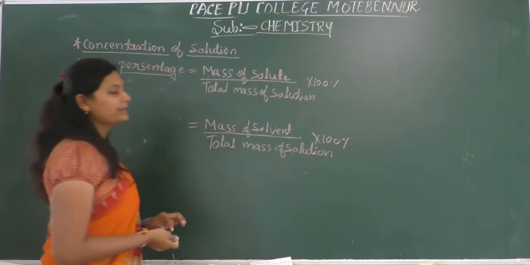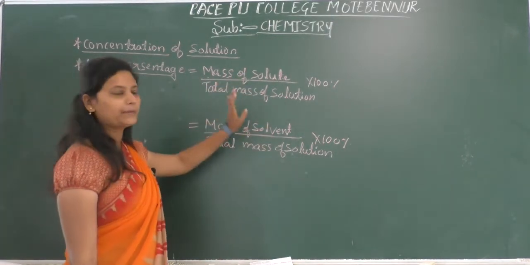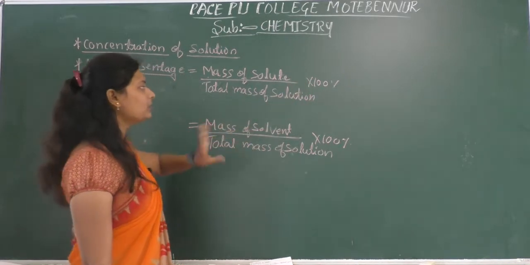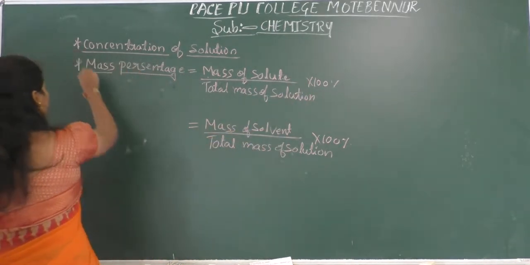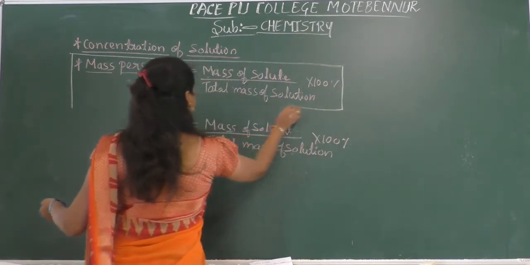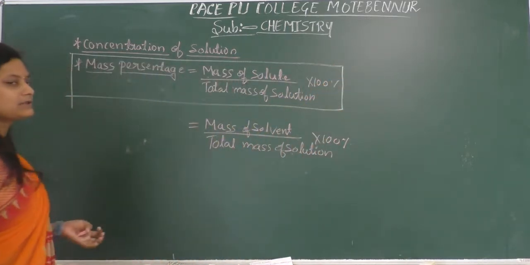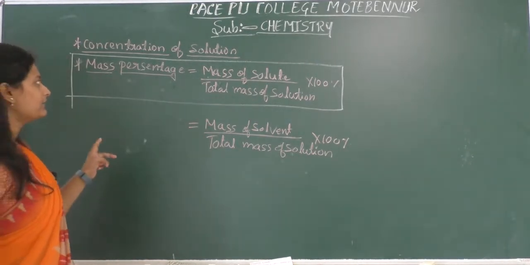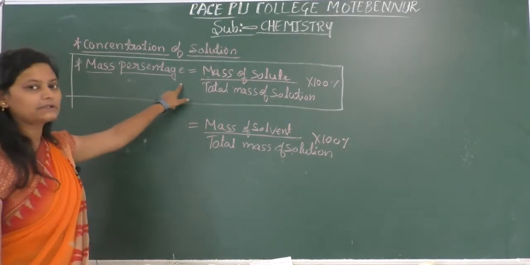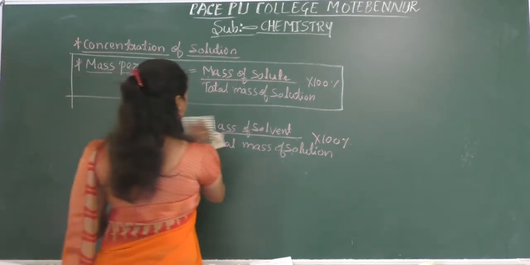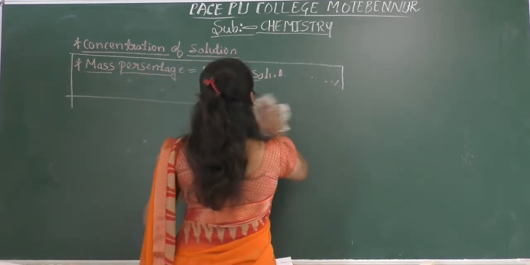Okay, so here you can write mass of a component divided by total mass of a solution into 100 instead of mass of solute or solvent, that is correct. So for a calculation of mass percentage we are going to use this formula. Here mass of a solute divided by total mass of a solution into 100 will give us the mass percentage of a solute.